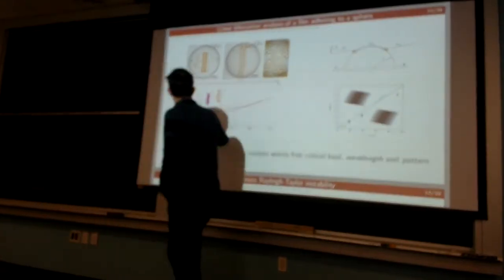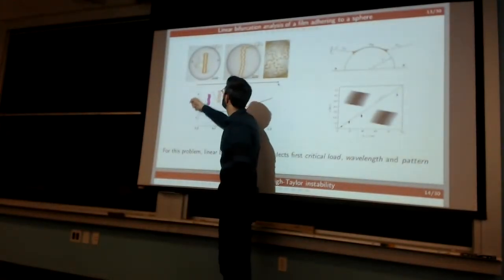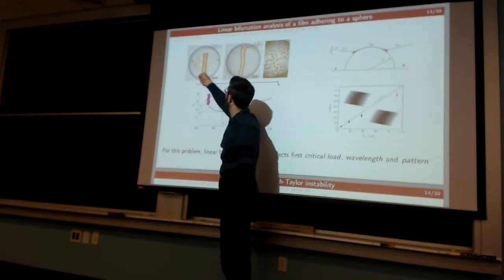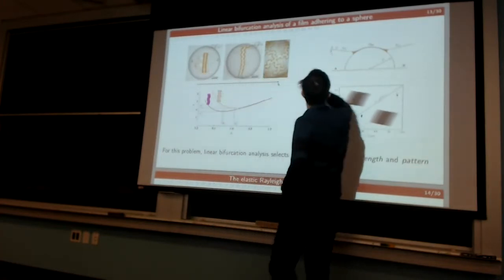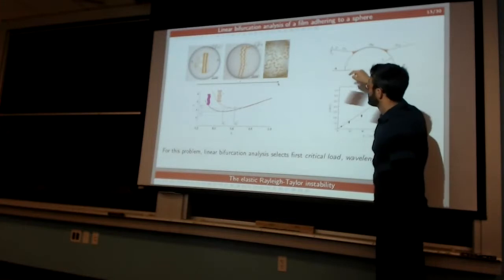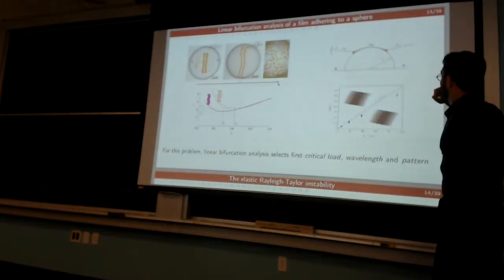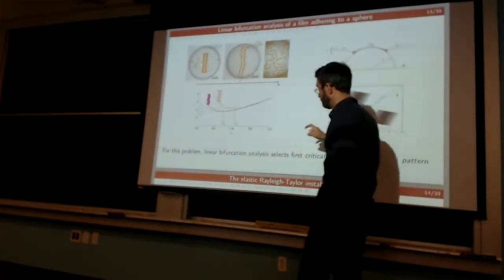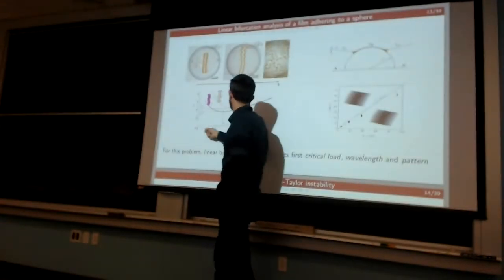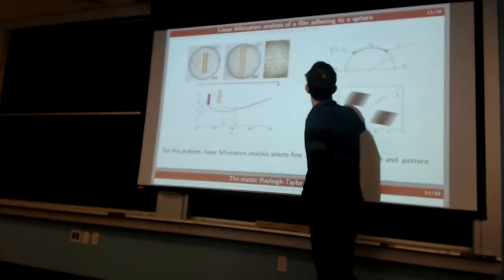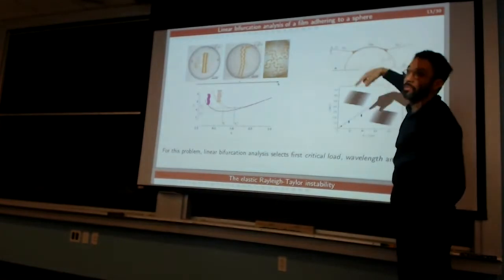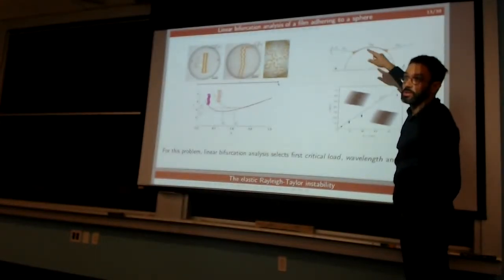So the load parameter here would be sigma, and sigma is essentially the capillary force, the surface tension. And there's an extra parameter which is an azimuthal wave number, right, associated with this variable theta.